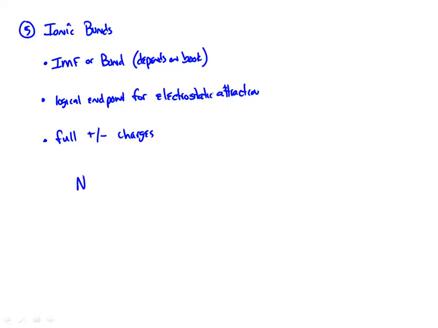It really is just Na plus being attracted to a chlorine minus, or anything else that has a full positive charge and a full negative charge. And we know that these are the strongest. In fact, they're so strong that they really are probably what we should consider a bond, not an intermolecular force. But I just like to stick it here because to me it really seems to make sense.